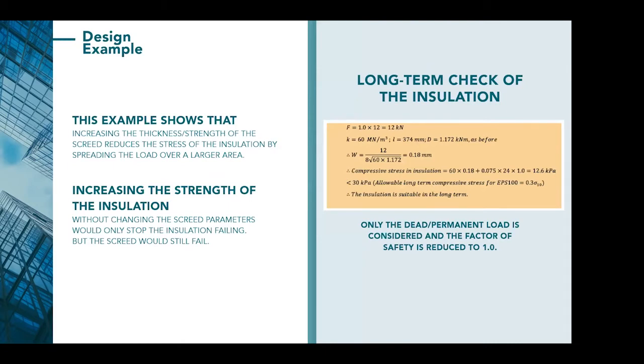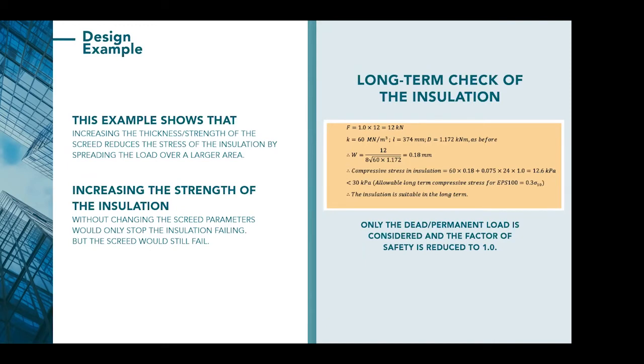So that all stacks up. We need to do one more check, and that's the long-term. So we've shown the insulation and screed are now suitable for our project based on the loadings that we have. So balancing between the two, we didn't need to change our EPS, our material below the screed. It was just the screed that needed adjustment.